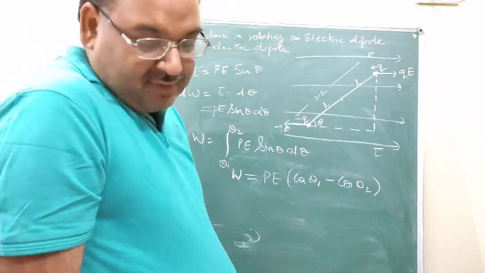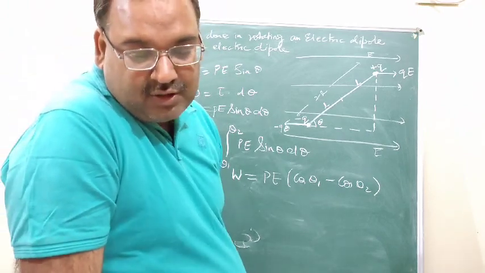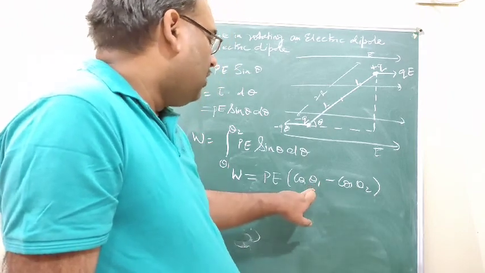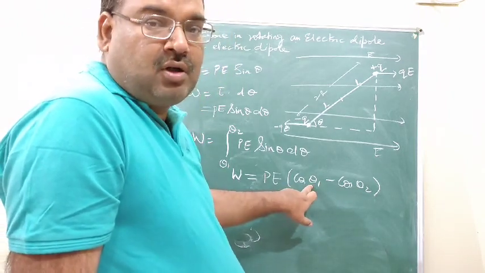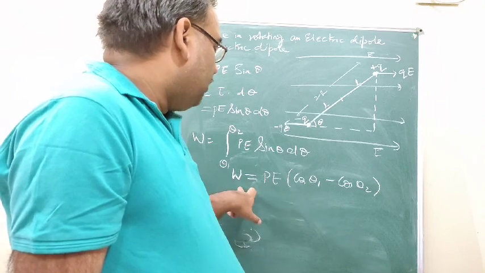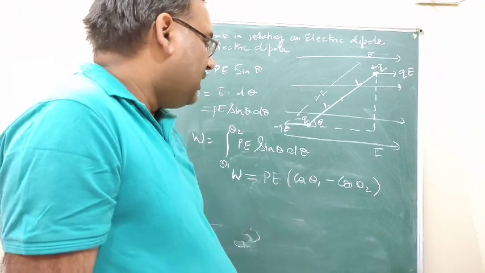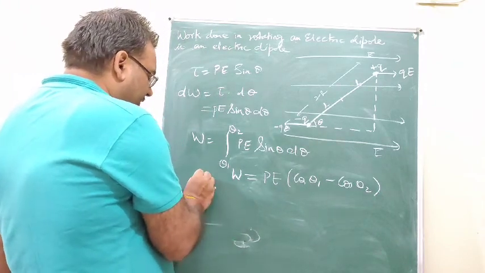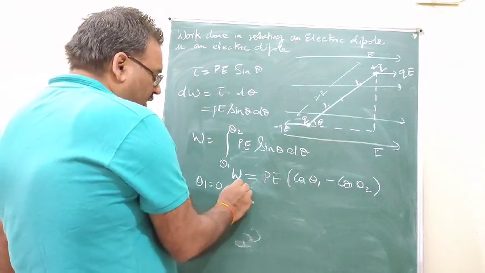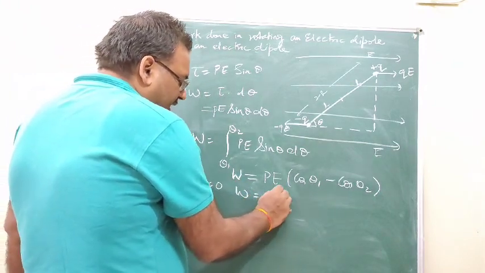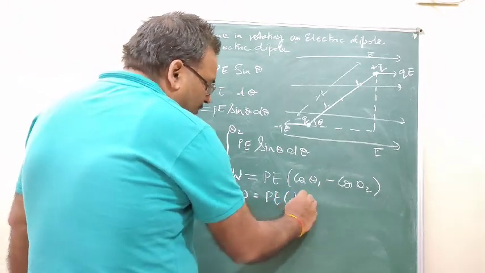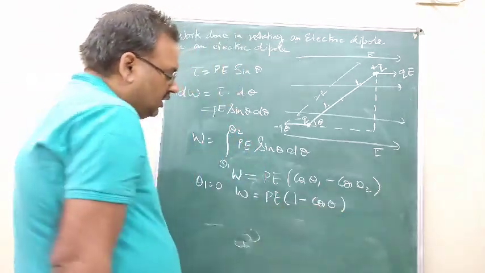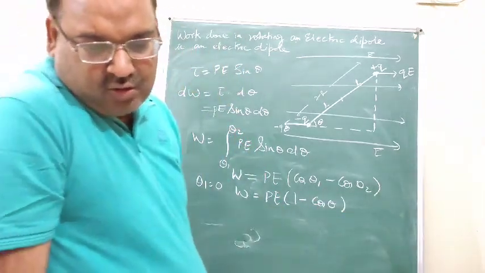In that case, if initial angle theta 1 is 0, cos 0 is 1. So first case, if theta 1 equal to 0, then W will be equal to PE (1 minus cos theta), where the final angle is theta.